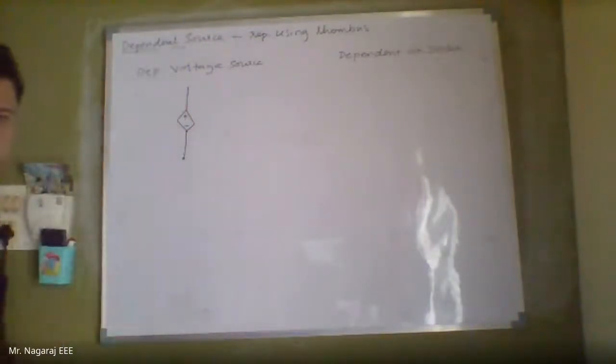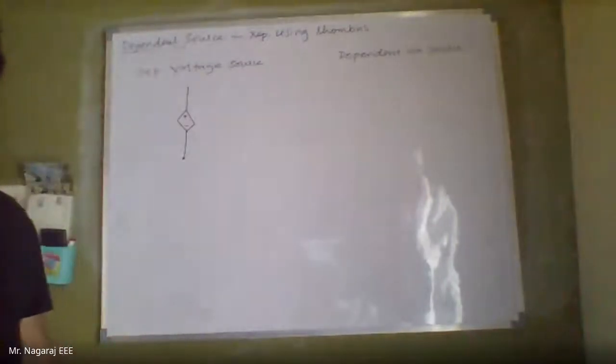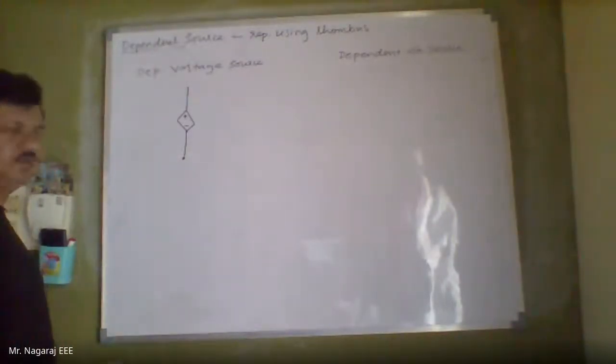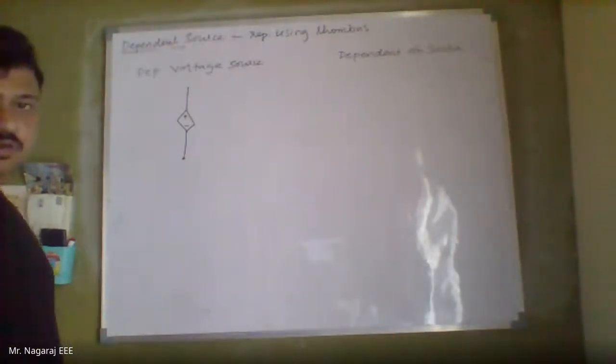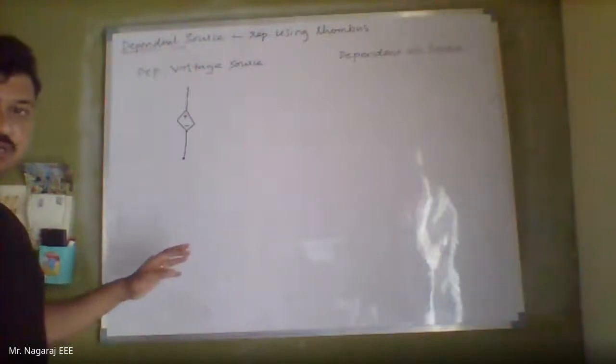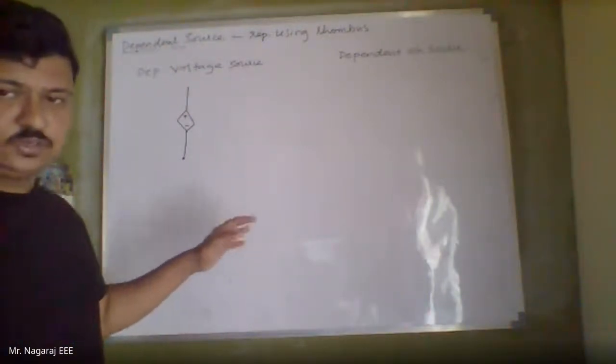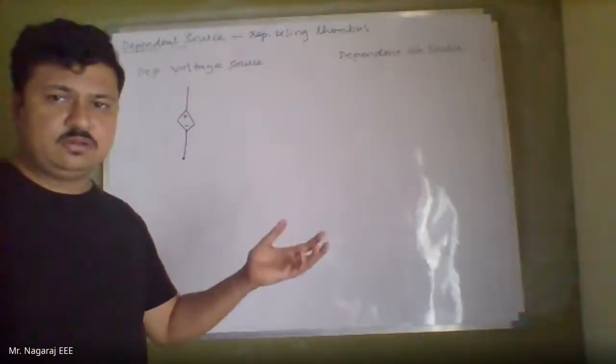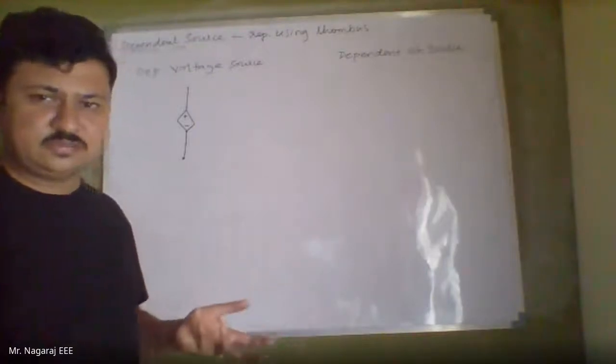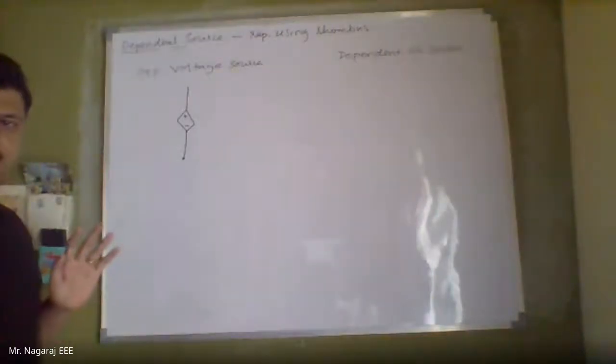When I get plus minus terminals, that is a voltage source. If I get an arrow mark, that is a current source. This is well known. Now this is a dependent voltage source, no doubt. But is the voltage value of this source depending on current or voltage? I don't know that.